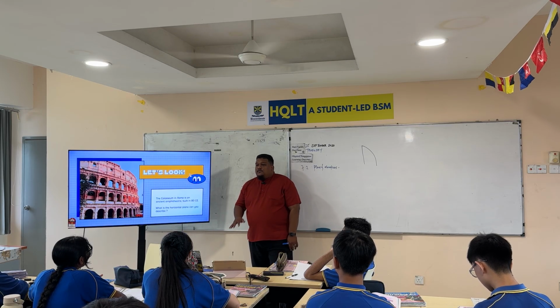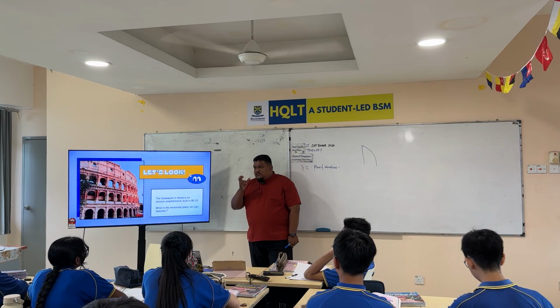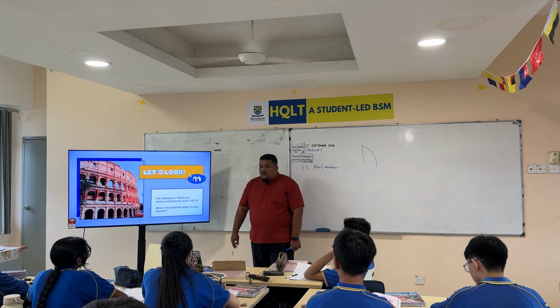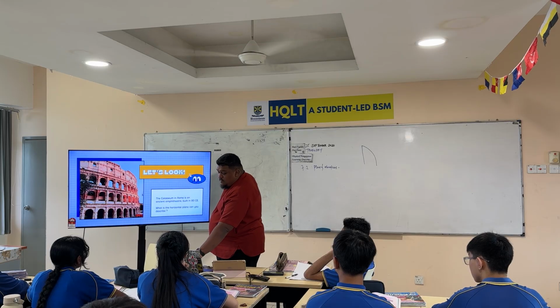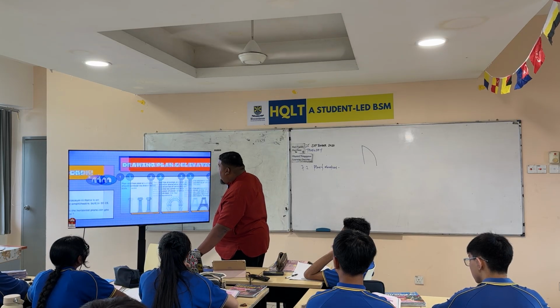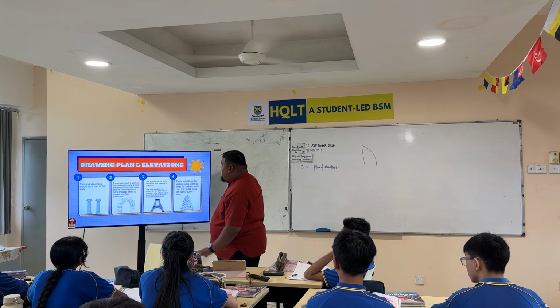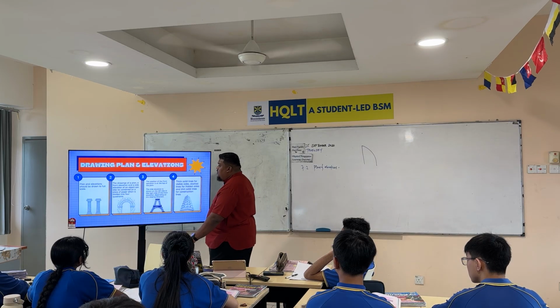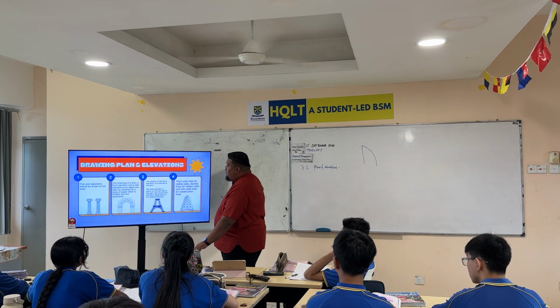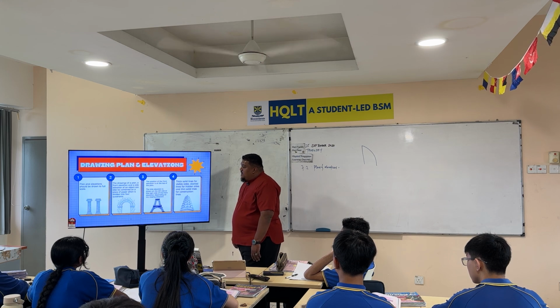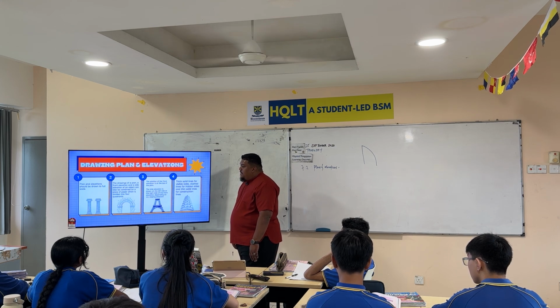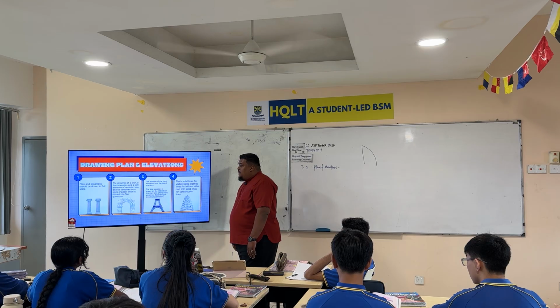In this chapter, you need to be able to imagine what kind of object will come out from certain 3D models. So, drawing plan and elevation. Plan and elevation should be drawn to full scale. The drawings of a plan, a front elevation and a side elevation of an object can also be combined on a piece of paper divided into 4 quadrants.